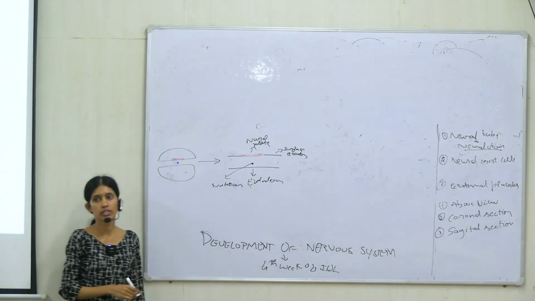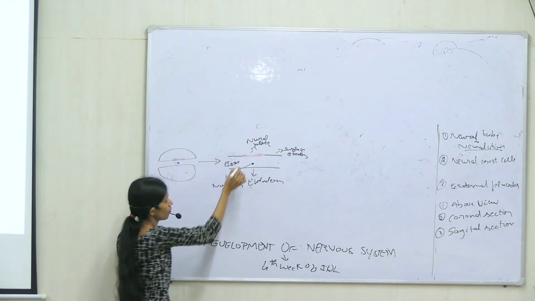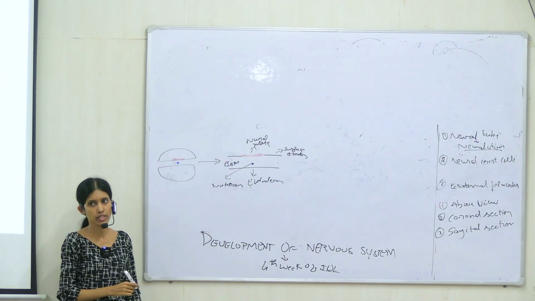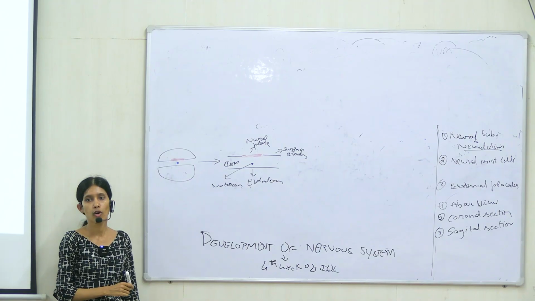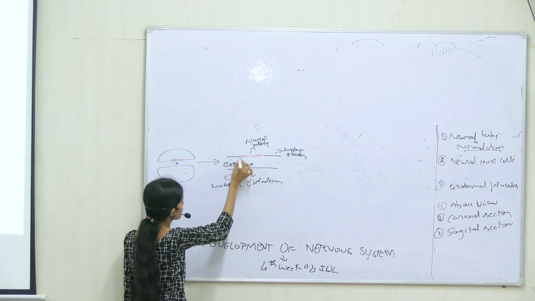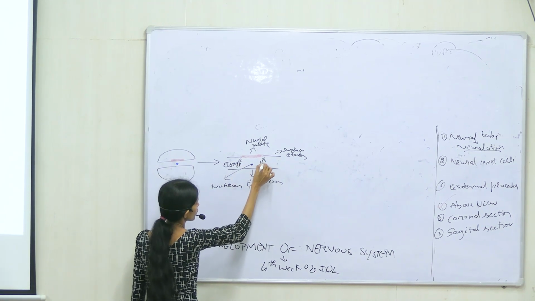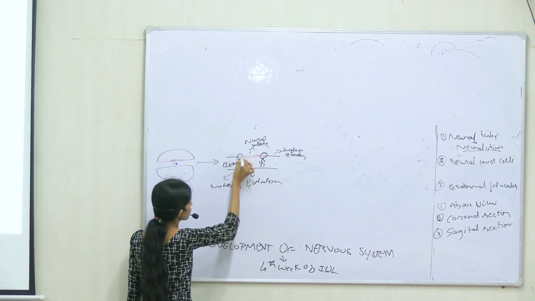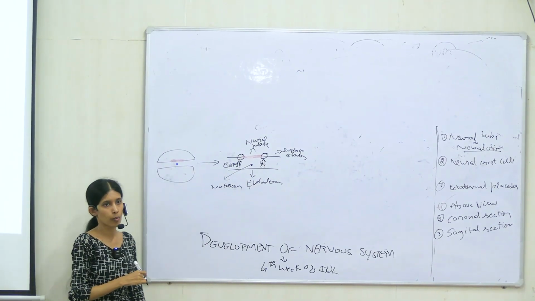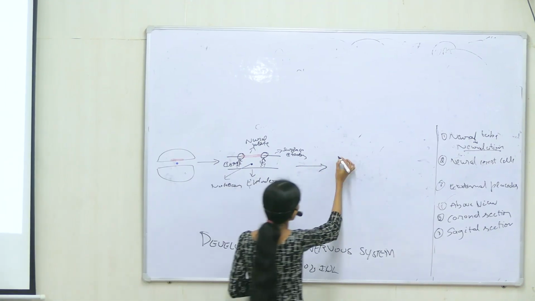Now the cells in the intraembryonic mesoderm part will undergo differentiation and cause folding of your surface ectoderm. The cells present in this region will undergo differentiation and cause folding at these particular points. Once the folding takes place, this is how the structure will appear.